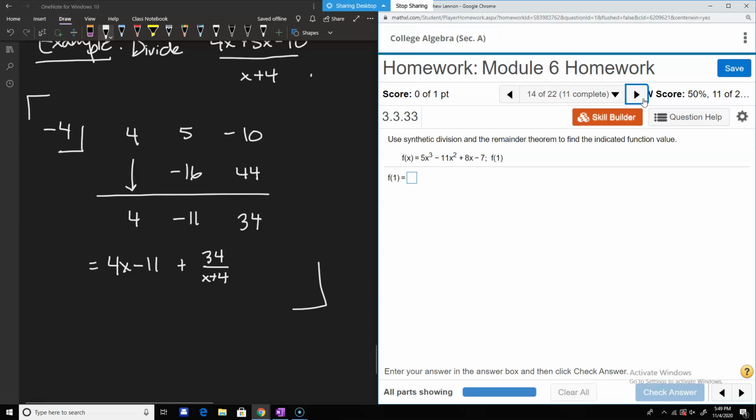Okay, this is the remainder theorem. So this is another consequence of synthetic division, but I'll write down what the remainder theorem says.